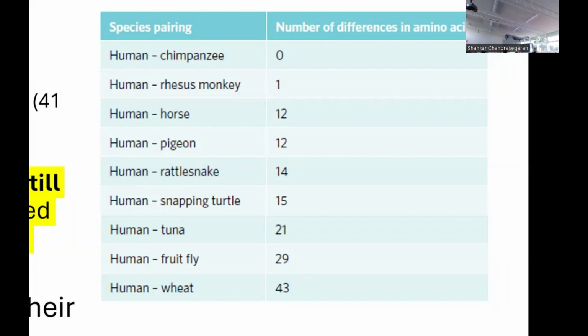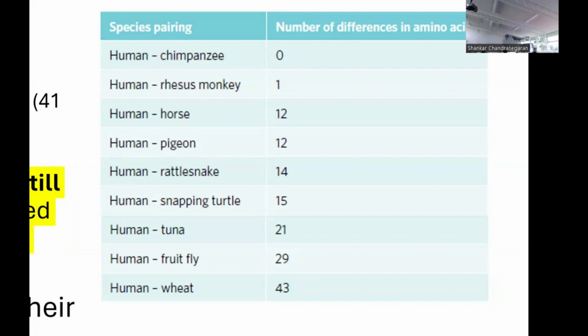For example, think of it like tree branches, right? If this is your main stem, when the divergence happens, you have two different branches forming, right? So think of this as basically where wheat and the primate we originated from split, and this is why the differences in that one gene have accrued so much, because the divergence happened much earlier compared to something like rhesus monkeys and humans.